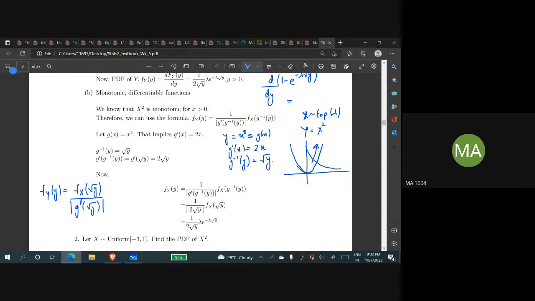And fx of root y is what? This is going to be lambda e to the power minus lambda root y, divided by 2 root y. Ma'am, we are using CDF wrong, na ma'am. We are not using CDF, we are using PDF, right? This is a direct relationship between PDFs.